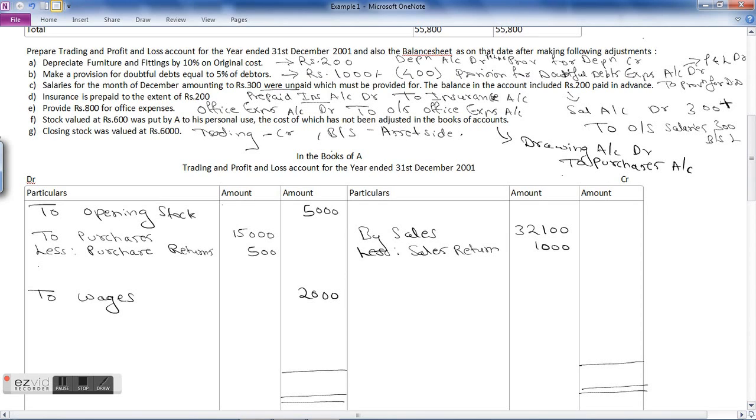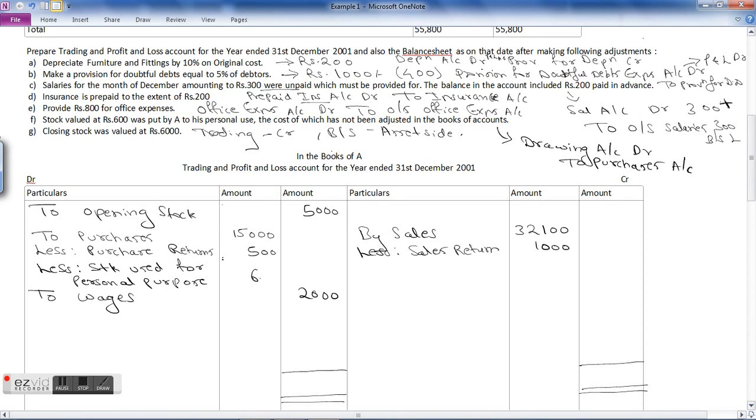Okay, so one effect will be on your profit and loss account debit side, you have to reduce it from purchases: stock used for personal purpose, how much is the amount? 600.